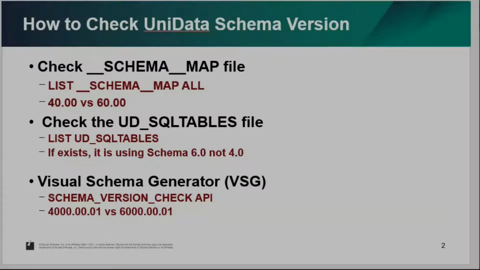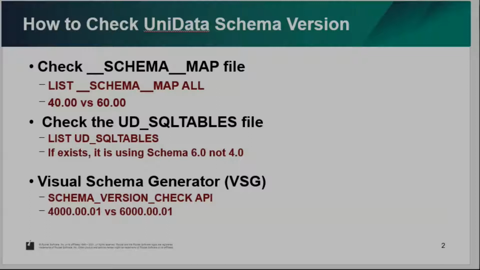So the first question is how to check the UniData schema version. There are a couple of different ways, three in total, and they are pretty simple. You can run LIST __SCHEMA_MAP, or you can see whether it's 4.0 or 6.0.